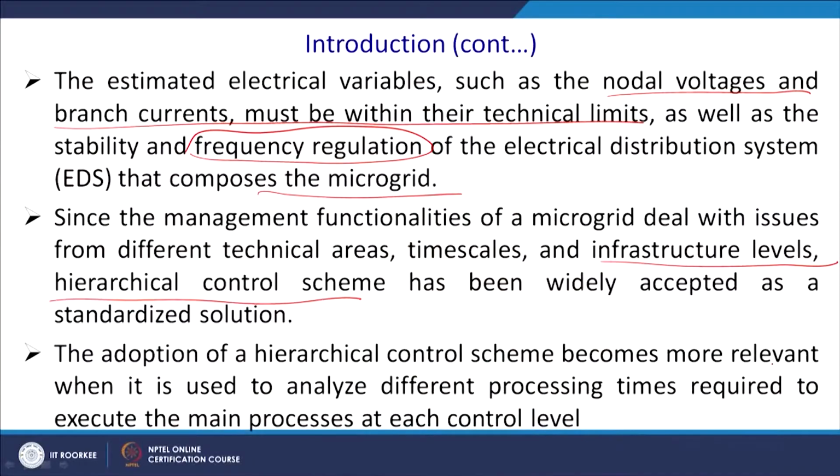What we are saying is that in a multi-agent system, the hierarchical system has been found to be advantageous, and the control scheme becomes more relevant when it is used to analyze the different processing times required to execute the main process at each control level.